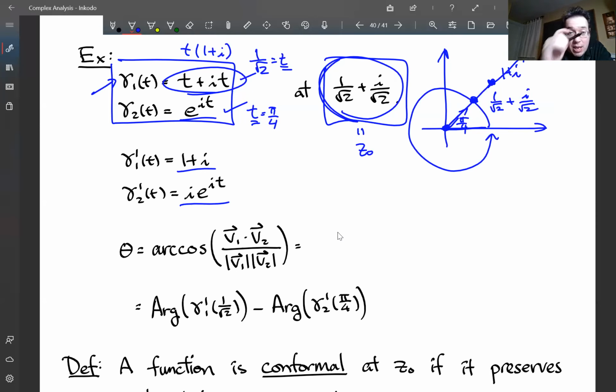We should plug in the actual t value to get the tangent vector at that point. So gamma 1 evaluated at 1 over root 2 is still 1 plus i, because the derivative is the constant 1 plus i.